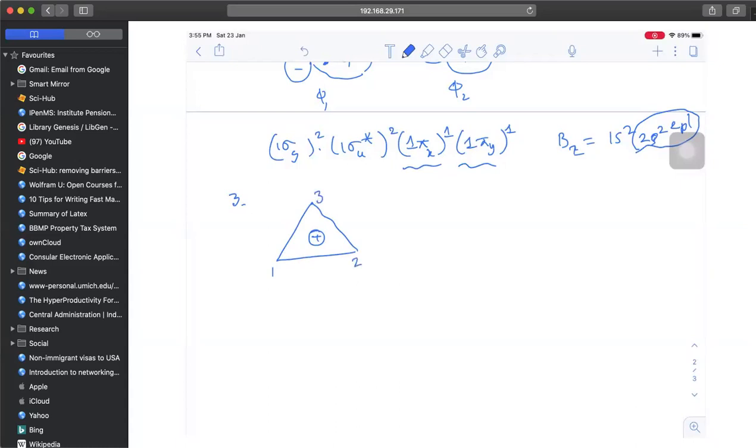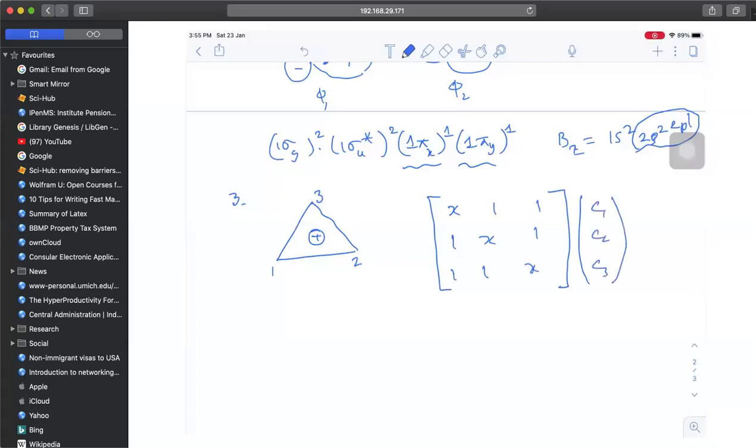So what will be the Huckel matrix? x 1 1, 1 x 1, 1 1 x, times C1, C2, C3, is equal to 0. Yes.